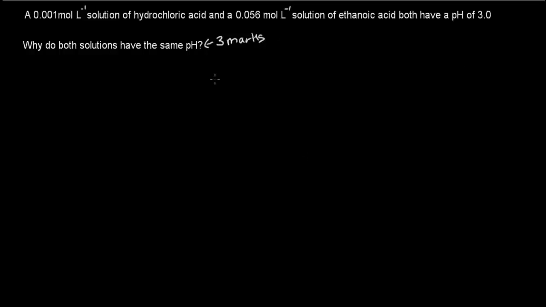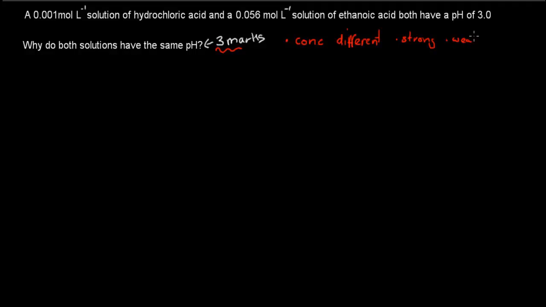Welcome back. Alright, so for this one, you should focus on the 3 mark parts. So the first part you should mention, it doesn't have to be first, is that the concentrations are different. That one is a strong acid, and the other one is a weaker acid.